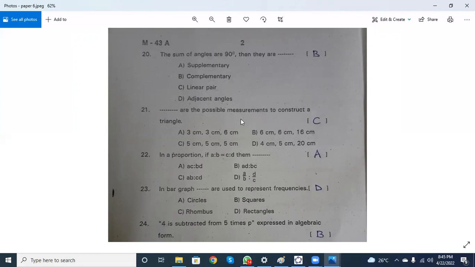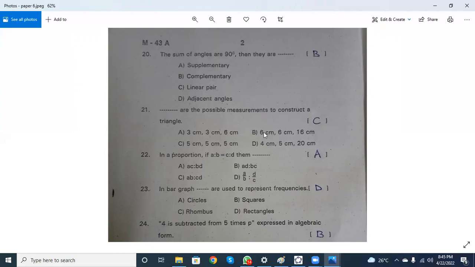We have a property that the sum of two sides of a triangle should always be greater than the third side. If we add these two sides, 3 plus 3, 6. 6 is not greater than 6. So this is false. Okay, it is equal.